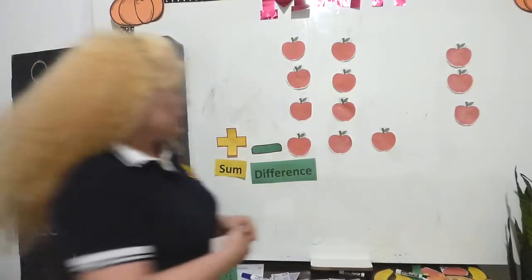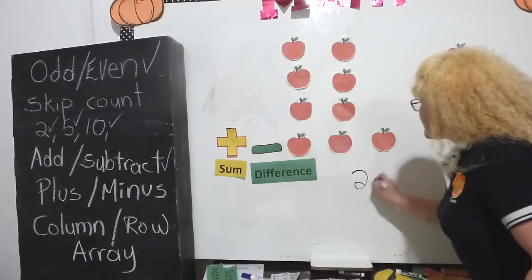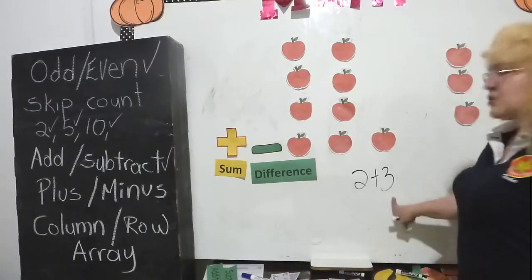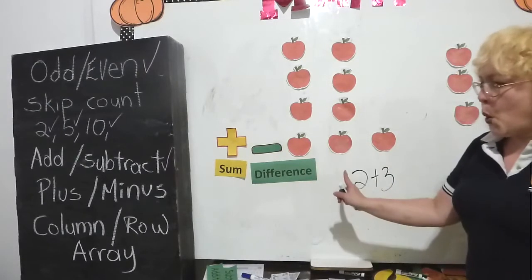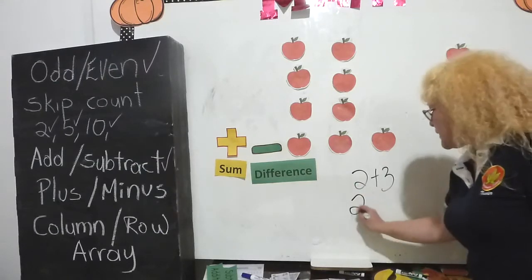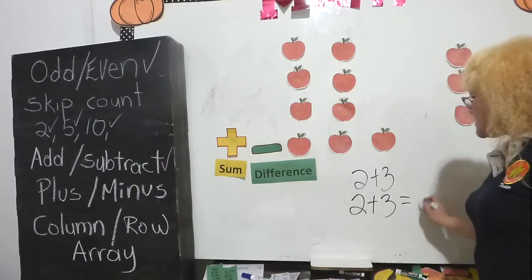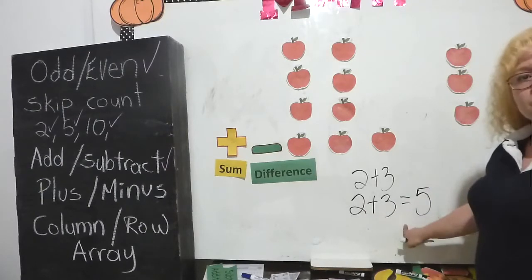So, 2 plus 3, sorry. 2 plus 3, is that an equation? No. Because you have to read it like this: 2 plus 3 equals 5.